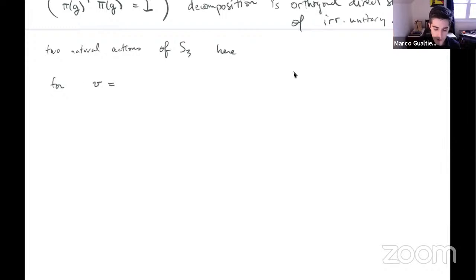For a vector of this type, let's say a e0 plus b e1 plus c e2, the 1, 2, 3 cycle applied to v is going to take, sorry, I did it again, 0, 1, and 2.